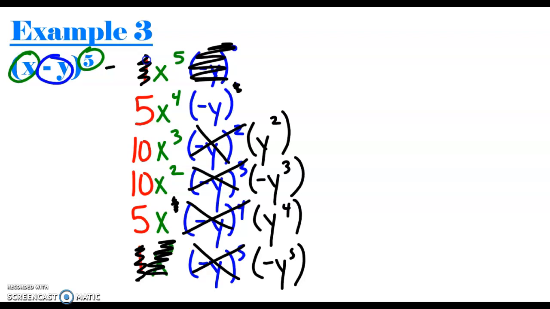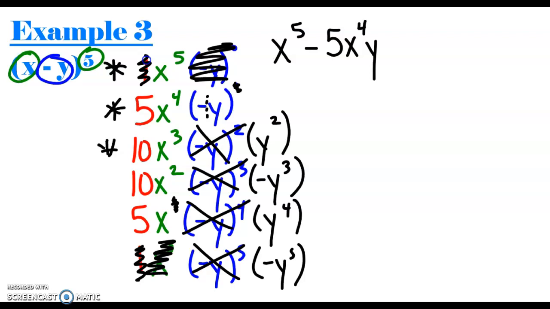So then I can see my first term here, I've got x to the 5th. Then 5 times negative, right? This is like a negative 1. I'm going to go minus 5 x to the 4th y. So now I'm at 10. I don't like that I made those minuses because then they look negative. So 10 is staying positive, so plus 10 x cubed y squared.